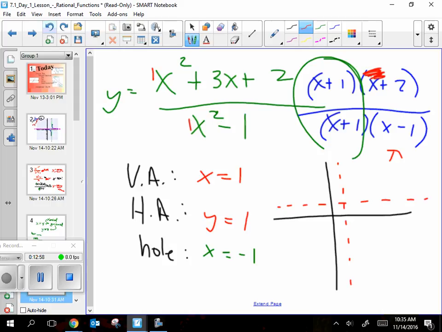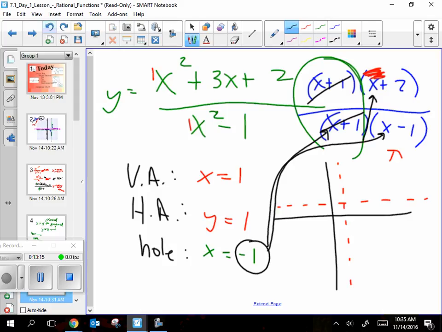Where exactly is the hole? Well, you could put it at negative 1. I can't put it in the whole function because as soon as I put it in, it would crash it. But if I cancel that off, I can put the negative 1 into the resulting function.